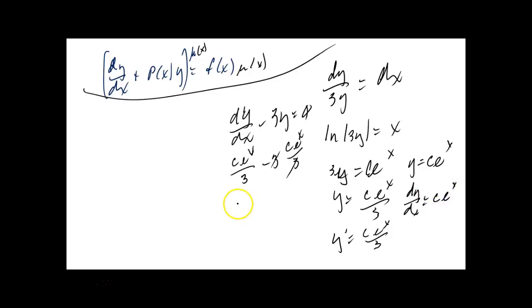Okay? Then you had C e to the x minus 3 C e to the x equals 0, and it doesn't. Unless, of course, huh? The second one should be over 3.